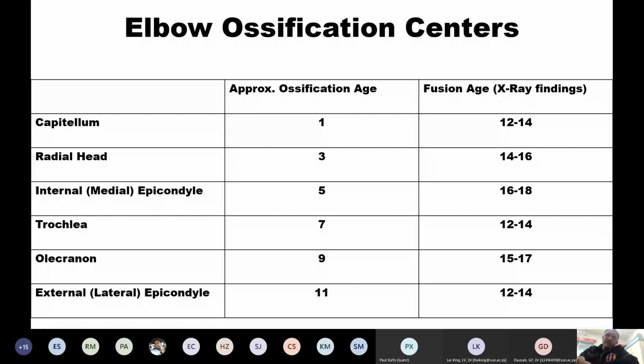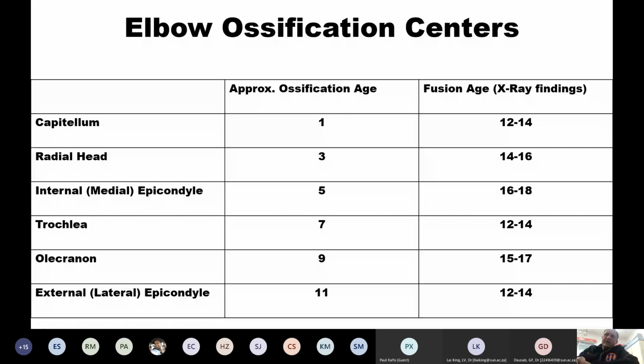The fusion of the growth plates is not as straightforward. There's a different mnemonic, CTE-ROI, and that would explain the fusion of these growth plates.